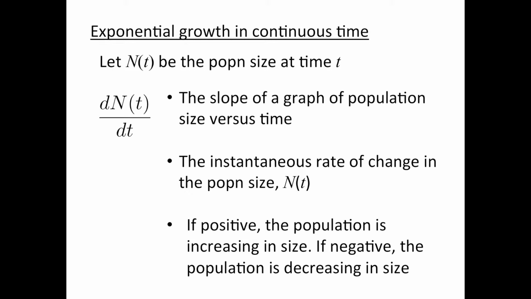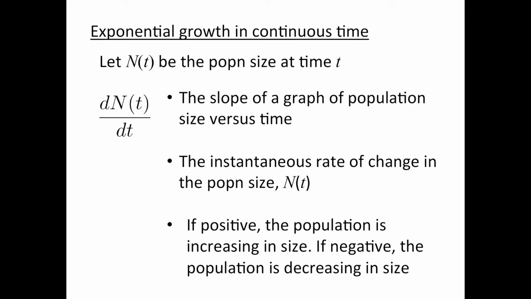And what's important is to realize that a derivative is the slope of a graph. And in particular, if we have a graph of the population size versus time, that derivative on the left there would be the slope of that graph at a particular point, tangent to the graph of the population size versus time.